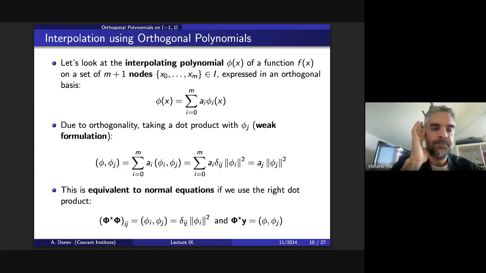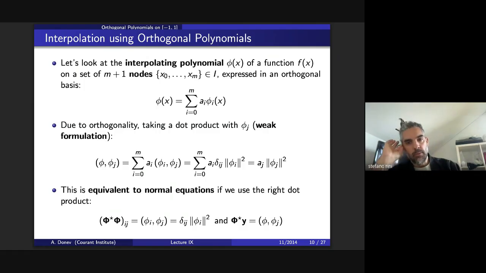So what we do is that we look at the interpolation polynomial phi of x as a function f of x over a set of nodes which are x0 to xm. And then this gives us this orthogonal basis description. Now we have them as these objects.